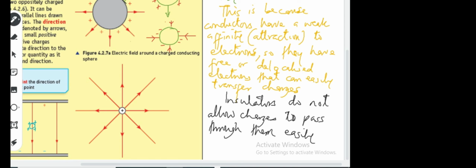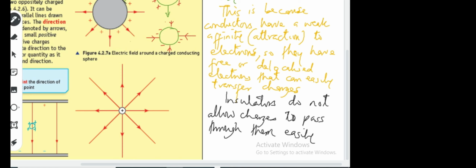If we were to get into chemistry, you will remember that conductors, usually metals, form positive ions. When you lose electrons, you are positively charged, isn't it? Yes. You lose electrons, you are positively charged. So conductors are the ones that can easily allow those electrons to flow out and be lost.